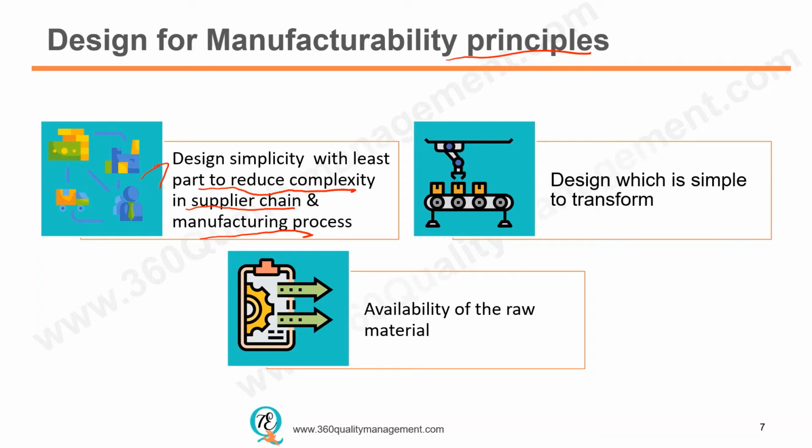Second is design which is simple to transform. That means it's easy for operators to transform, add in, or join together those parts to become a final product. And finally is the availability of raw materials. That means you must have a sustainable supply chain to be able to supply consistent quality materials.